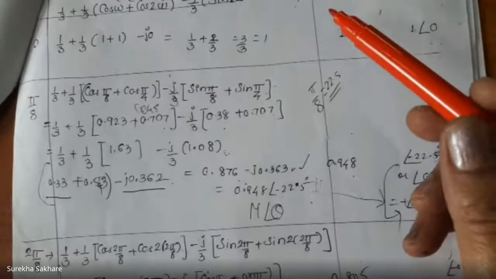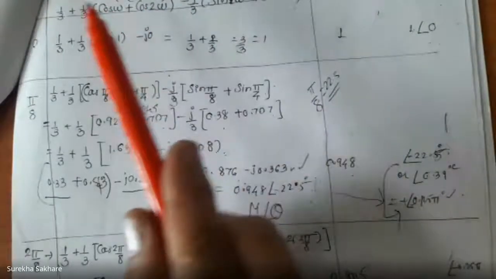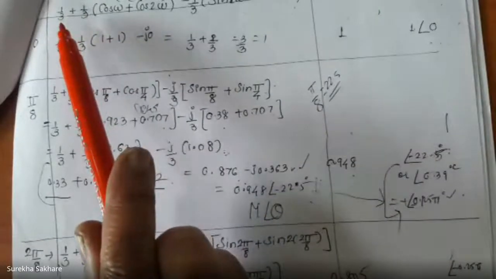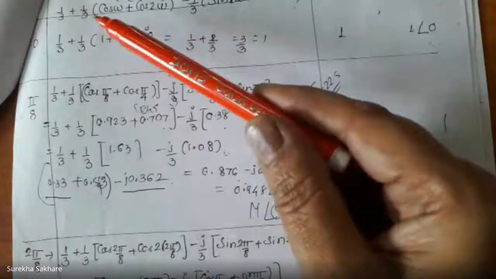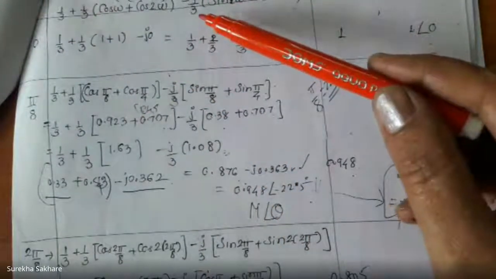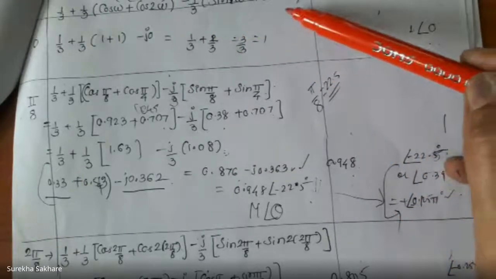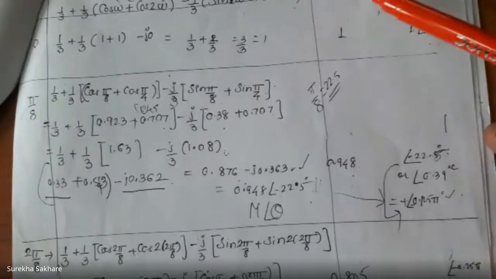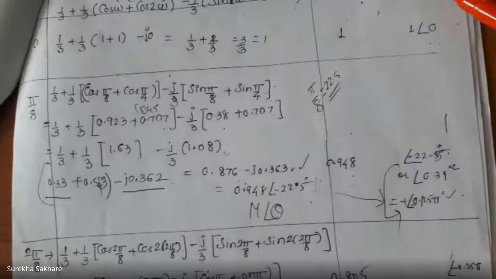Okay, x of e raised to j omega, we have taken the equation from the last part, 1 by 3 plus cos omega plus cos 2 omega minus j by 3 sin omega plus sin 2 omega. And we are trying to have in this column the magnitude and angle in the next column. Okay.